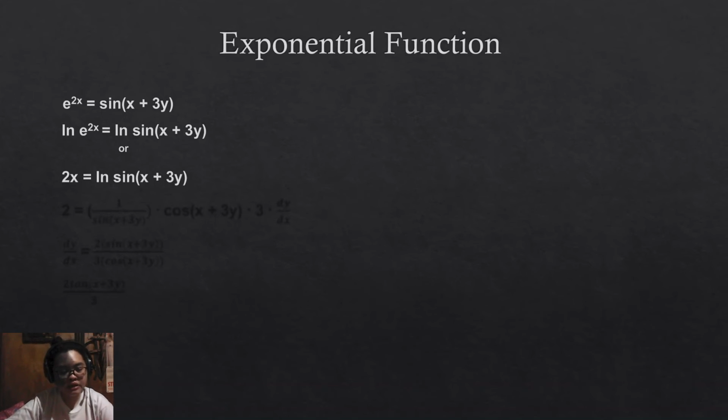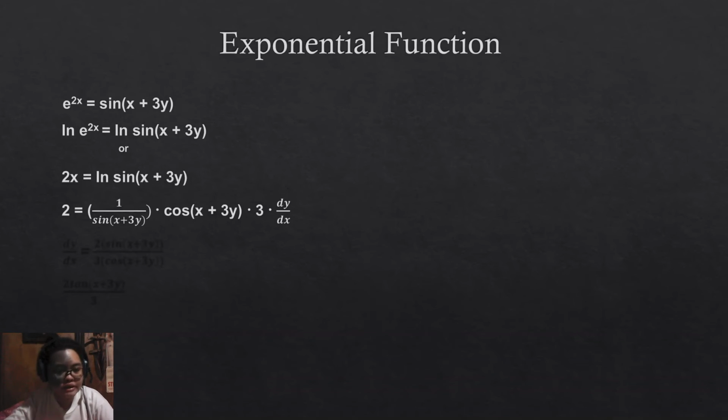Then we can take the derivatives. So we'll have 2 equals 1 over sine of (x plus 3y) times cosine of (x plus 3y) times 3 times dy over dx.